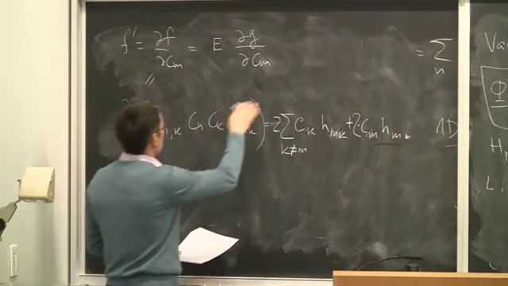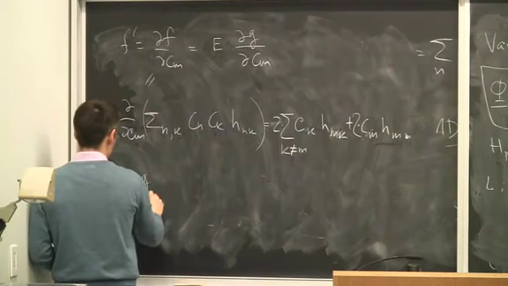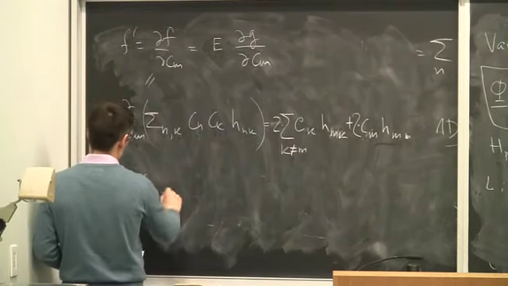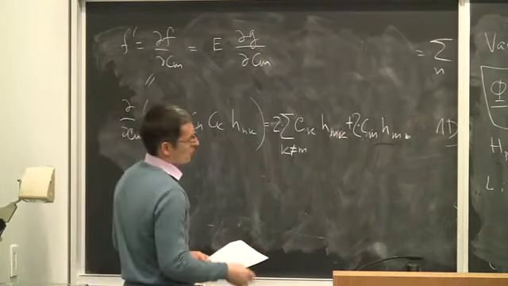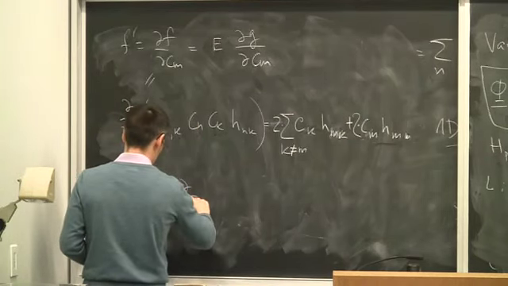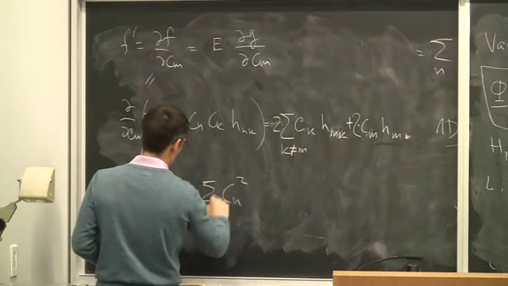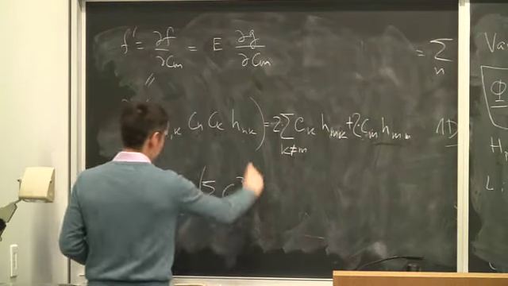And now when we consider the denominator, the dg over dcm. All right, so what is our denominator? It's the sum over cn squared, right?